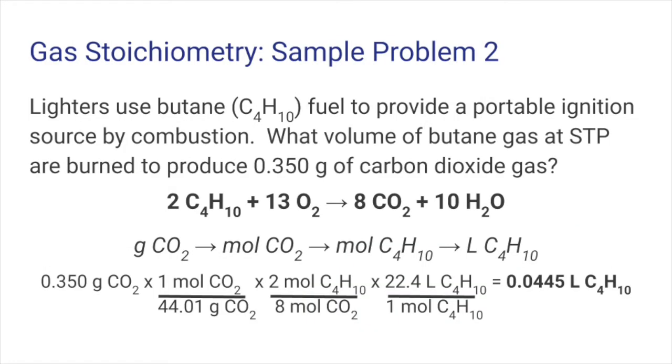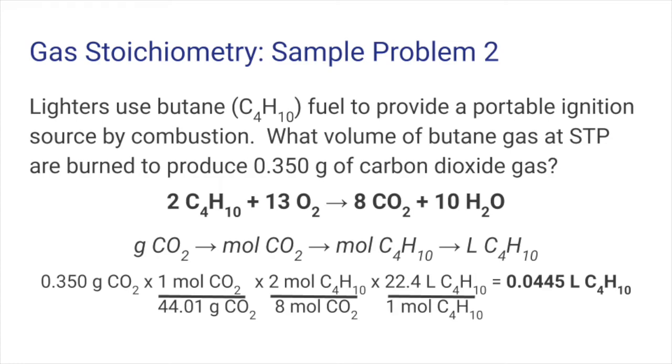So here's the balanced combustion reaction. We've got 2 moles of C4H10 reacting with 13 moles of O2 to give us 8 moles of CO2 and 10 moles of H2O. Now we can do some stoichiometry. We were given the mass of CO2, which we'll need to use its molar mass to convert into moles of CO2. Then we'll use the coefficients from the balanced equation to convert the moles of CO2 into moles of butane, C4H10.